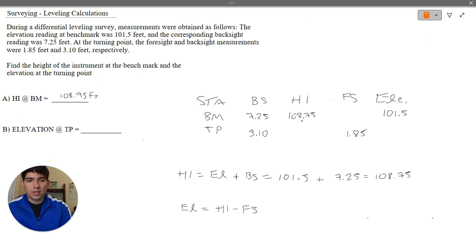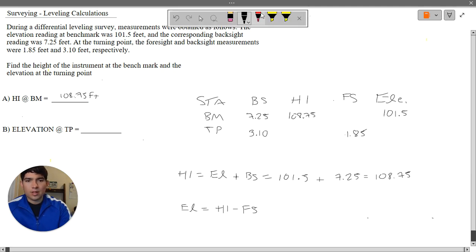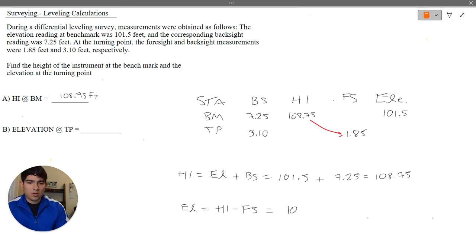We know this height of the instrument now. It's 108.75. And the elevation here at the turning point is going to be the height of the instrument that we just found minus this foresight over here. It's kind of like going in an arrow, in this direction. So let's go ahead and do that calculation.